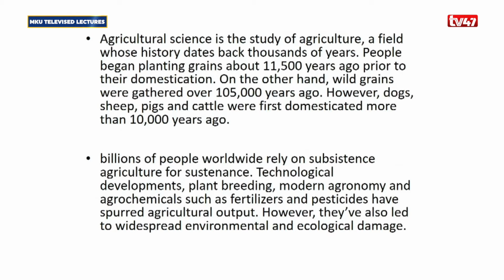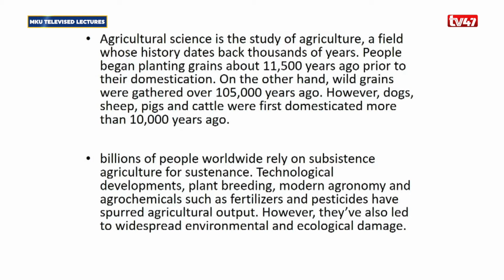Now, billions of people worldwide currently rely on subsistence agriculture for sustenance. All humans do, apart from breathing, from the time of birth to the time they die, is to eat food. So billions of people worldwide rely on subsistence agriculture to sustain them and to give them nourishment.